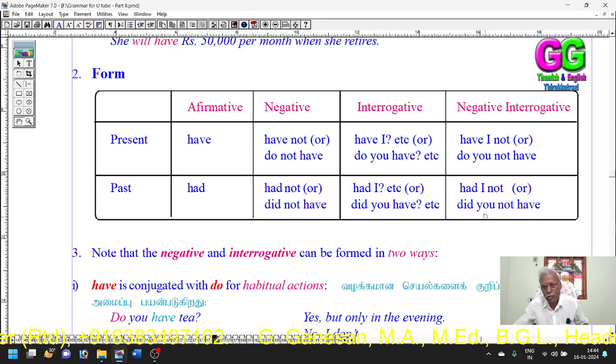Instead of you, you can use any subject. Did I not have, or did you not have? This is the form when it functions as a finite word.